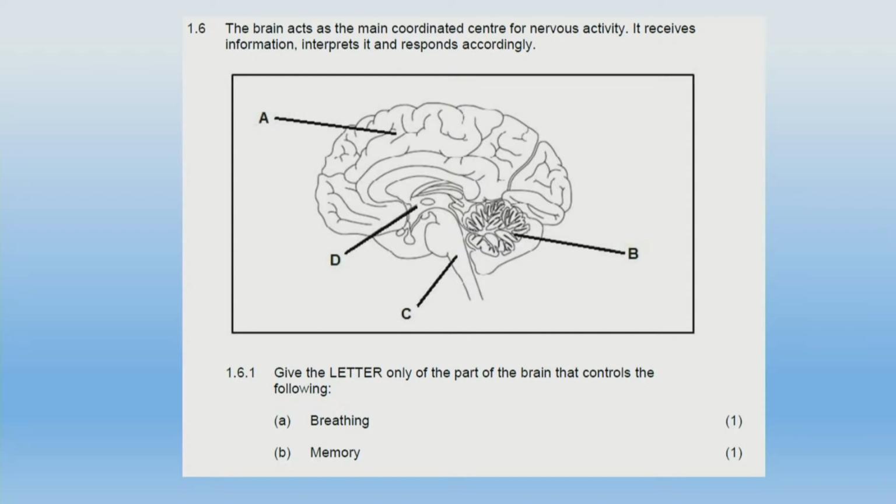Question 1.6.1 is as follows. Give the letter only of the part of the brain that controls the following. A, breathing. That will be part C. And B, memory. That will be part A.